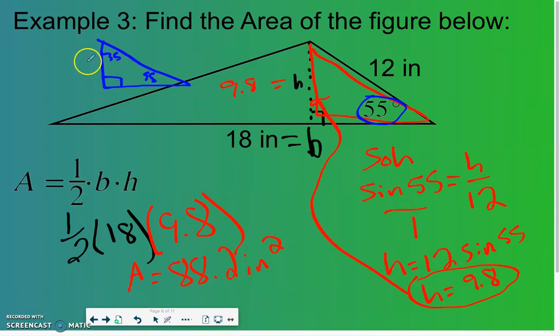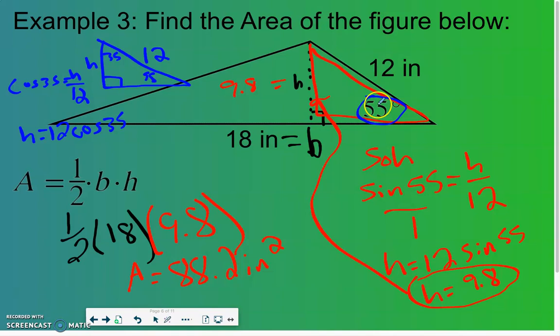So if you didn't realize it was sine, you could also use cosine and go cosine of 35 is equal to h over 12, and take 12 times the cosine of 35 and get the same value of 9.8. So it's up to you which one you want.